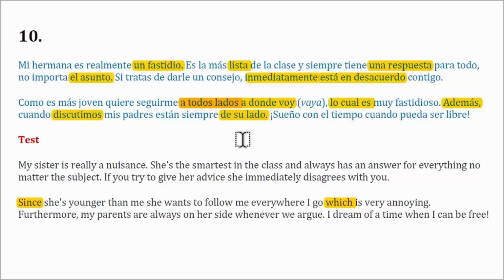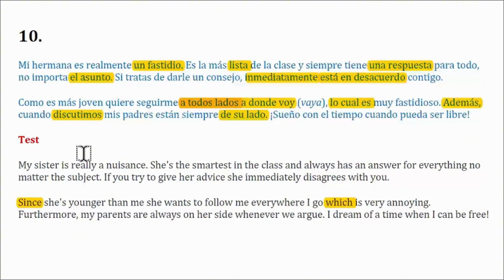This means on her side in theory. If it was a su lado instead of de su lado, it would mean that they were literally by her side, a su lado, that they were standing there by her side. But de su lado means that in theory, they are on her side whenever we argue. So you can see a very delicate little change there.